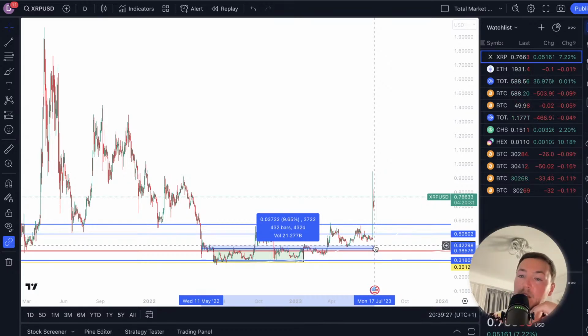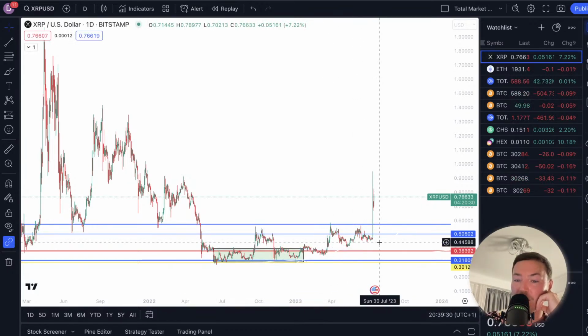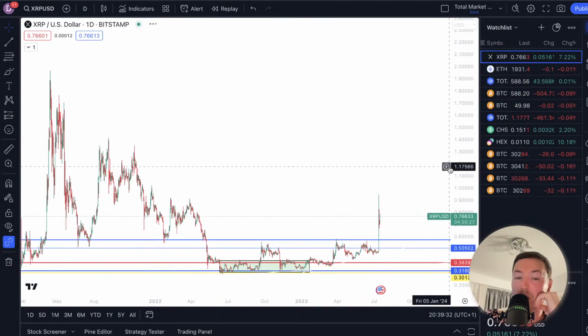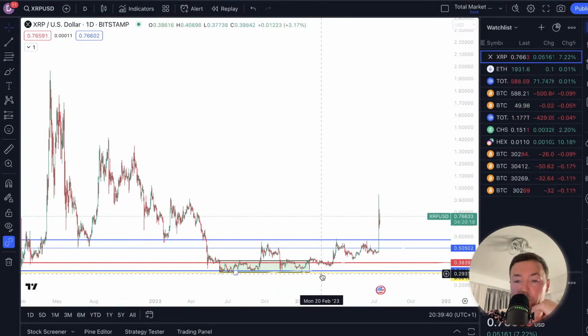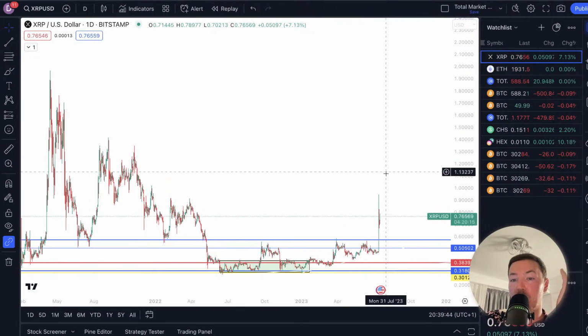And I've been accumulating XRP since 2017. So I don't need to buy. I've had my time to buy. The rule is buy low, sell high. And I was buying low. And now it's breaking out. I don't want to be buying when it's breaking out. I want to be selling when it's breaking out.